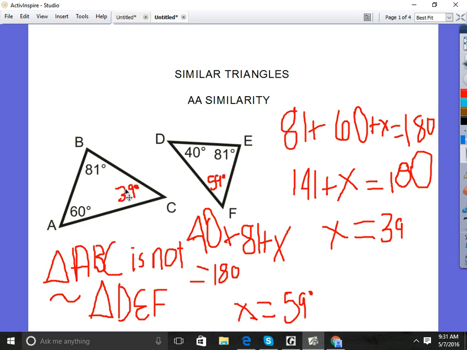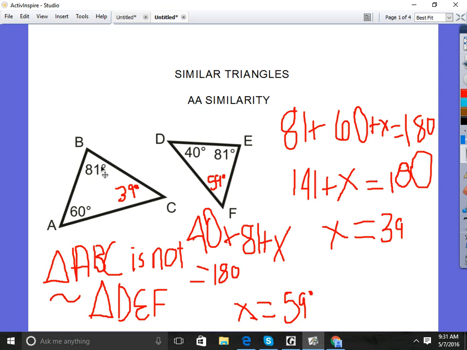If you don't take a look at the third angle measures, you can obviously see that these two only have one angle measure in common. So we need to find out if there's another angle measure that's equal. Basically you have to solve for each third measure by adding up all the angles. So take a look here.